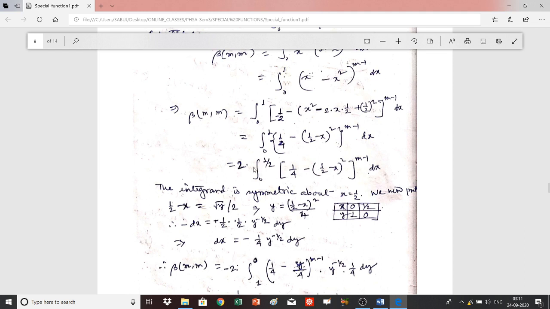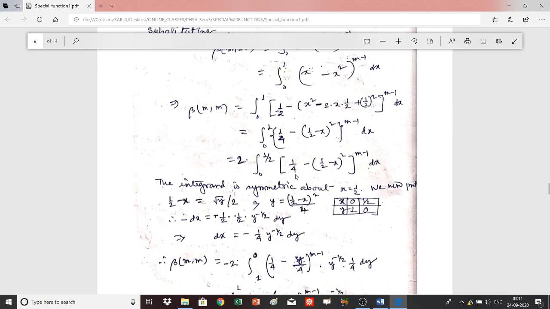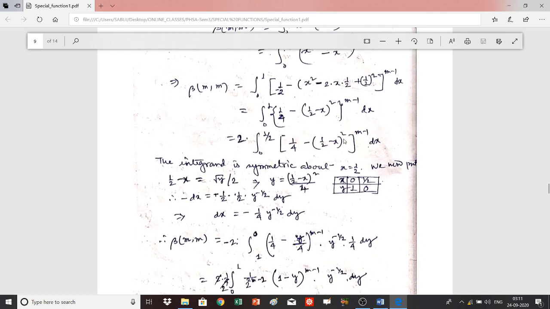Now you have to calculate this, and from this term you can say that the integrand is symmetric about x equal to half. Now consider that half minus x is taken as root over y by 2.